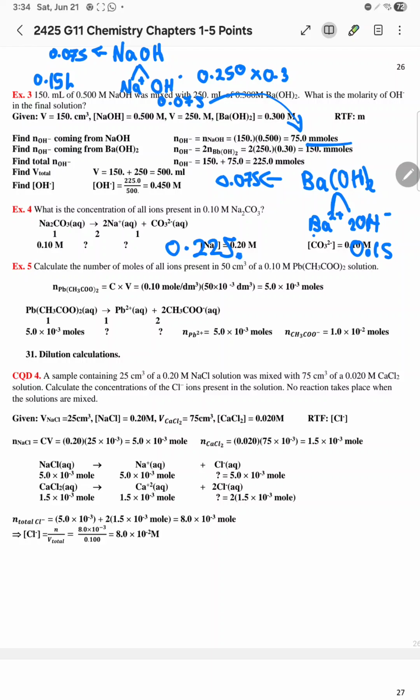And we need to find total volume. Total volume is gonna be volume 1, which is 0.15 liters, plus volume 2, which is 0.250 liters. So when you add them together, you're supposed to get 0.4, no, I got a wrong number, wait. 0.15 plus 0.25.